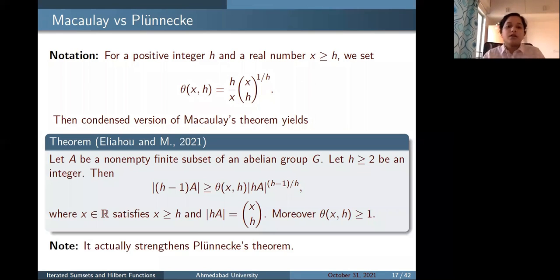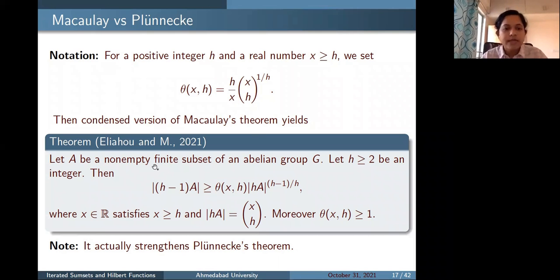Now, the condensed version of Ruzsa's theorem will give me a lower bound and an upper bound, and we can write it in this form.